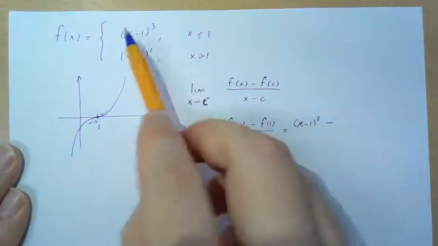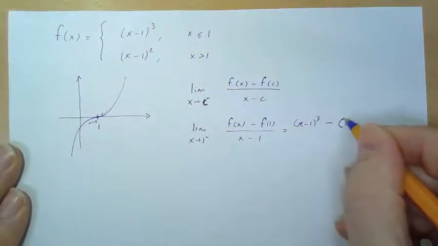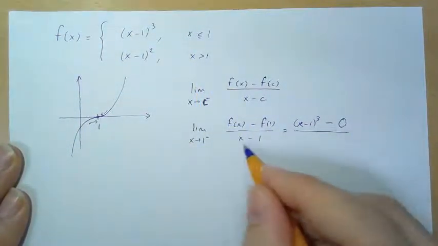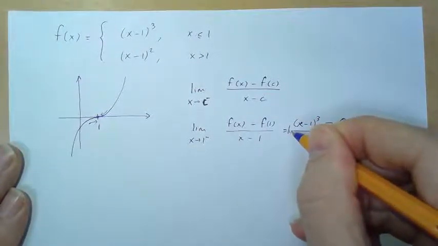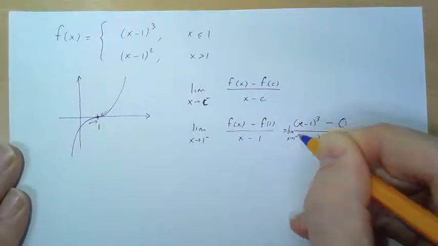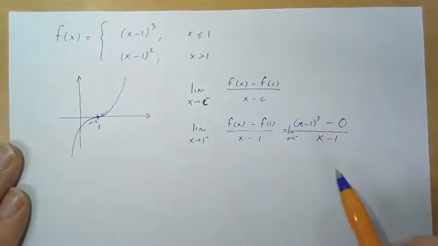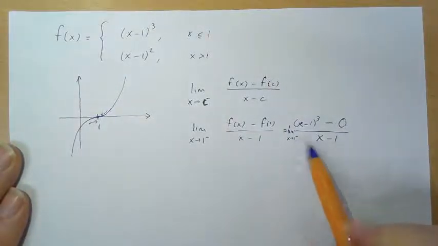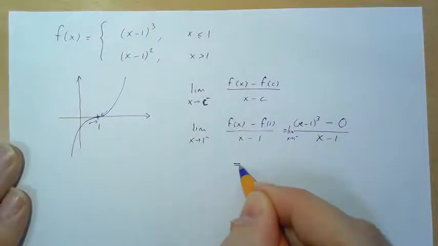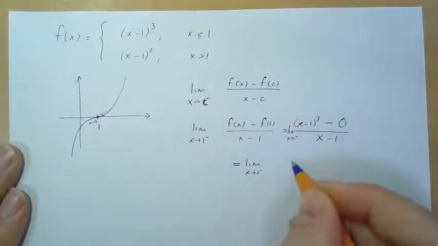I'm going to plug in 1 here, and (1 minus 1) cubed is 0, over x minus 1. Oops, I forgot, as always, to put the limits. It's okay to forget, but you need to realize you forgot and then add it everywhere. If you don't put the limit, then it's really something different. So it's wrong. Equals the limit as x approaches 1 from the left.